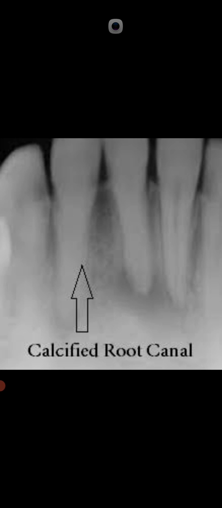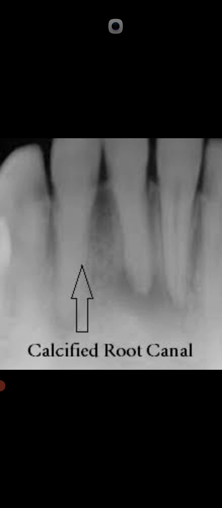Normally, inside the tooth, the root canal area where there is a nerve will appear radiolucent on the radiograph, meaning the center of the tooth, the pulp area, will be radiolucent, and the enamel and dentine area above will be radiopaque.